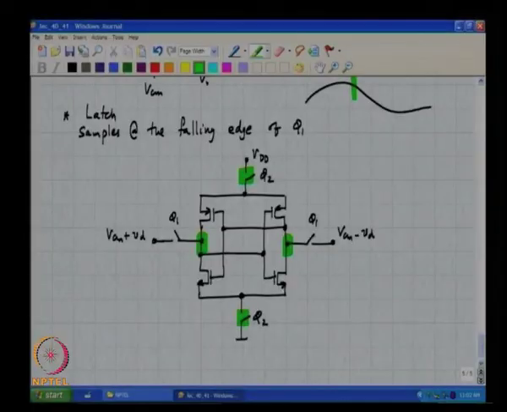But a couple of things one must observe. After a decision has been made, what are the voltages at these two nodes? One will be VDD, the other will be ground. Which one will be VDD and which one will be ground depends on the input difference VD.